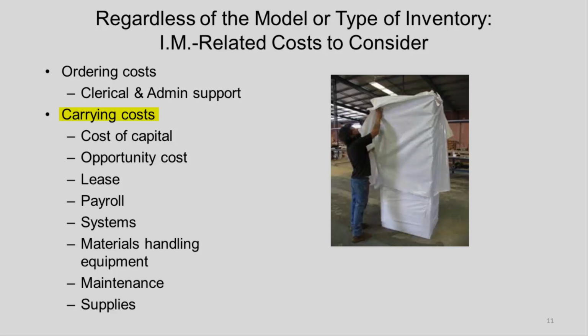Opportunity cost, a little harder to measure, but what we're saying here is that for every dollar we invest in inventory, that's a dollar that can't be invested somewhere else. So decisions, going back to a previous discussion on what is the total dollar amount to be invested in inventory, opportunity cost needs to be part of that discussion.